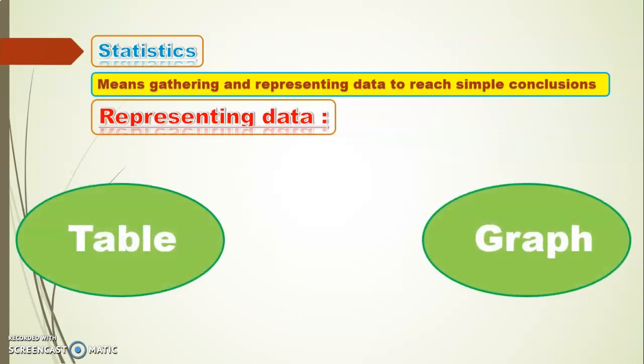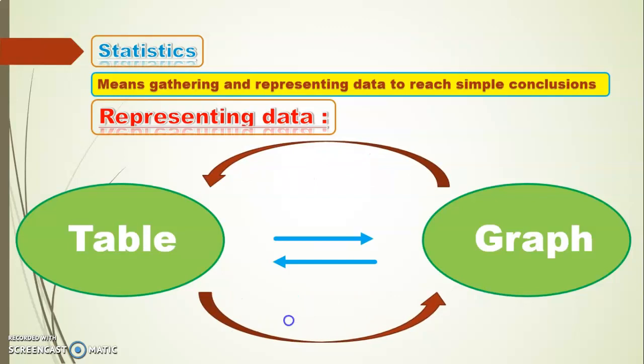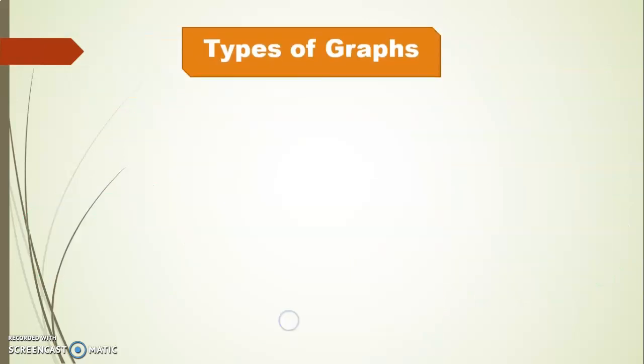In the past years, we took table and graph, and we used to complete our graph from the table and the opposite. We have types of graphs. What are they?